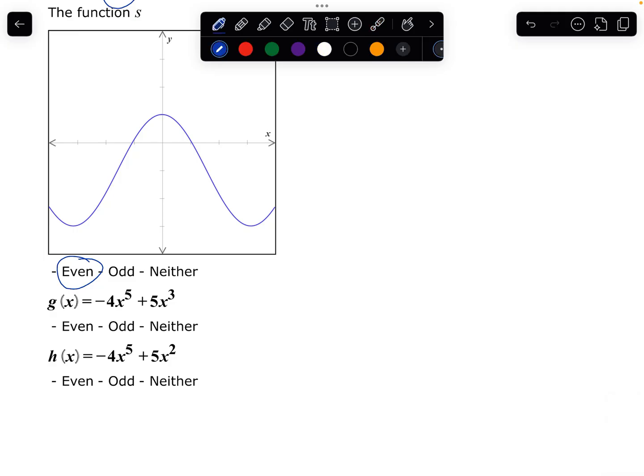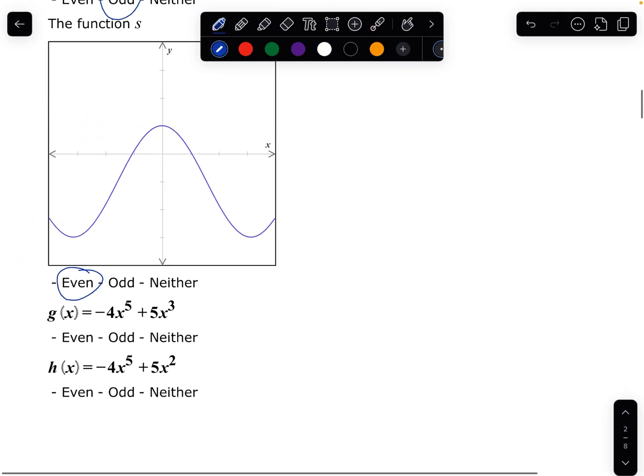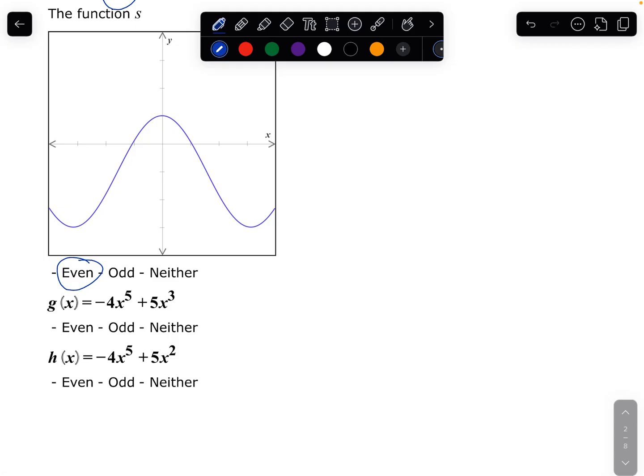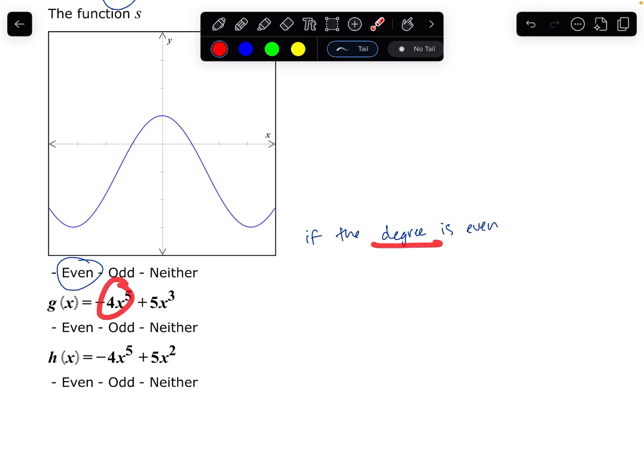So another helpful hint for you guys whenever you're simplifying these. Let's just say if the degree is even, and I'm talking about the degree of each term, then negative x plugged in for it will not change anything.